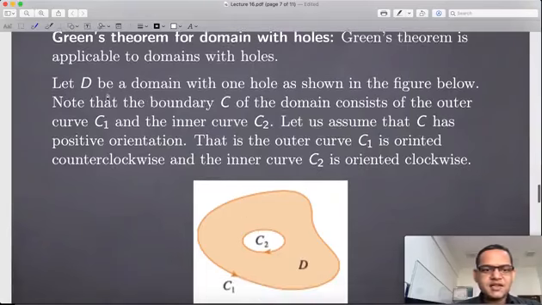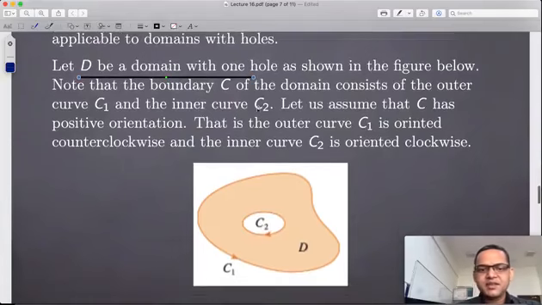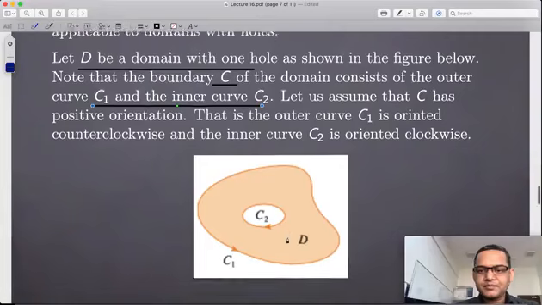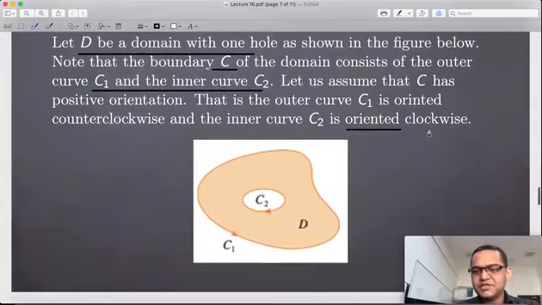So you consider a domain. I will consider a domain which has one hole, but you can put multiple holes. Okay, the same idea goes through. So this is precisely the situation we have. Then the boundary curve, as I said, is made of two things: the outer curve and the inner curve. Okay, I should not say circle. This should be called curves. Okay, this hole may not look like a disc or a circular one. Okay, so outer curve and inner curve, you give them positive orientation.